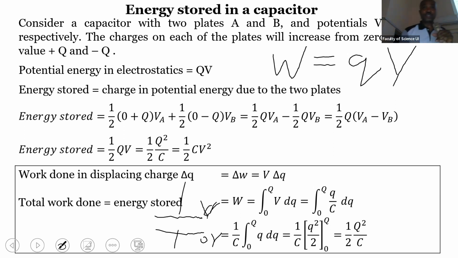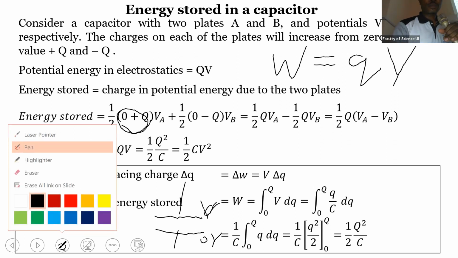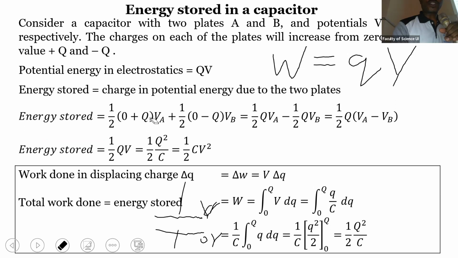So an easy way to quantify that is to ask, what is the average charge stored? We start by saying half of 0 plus Q times VA, plus half of 0 minus Q times VB. When you simplify that, you'll have half Q times VA minus VB.